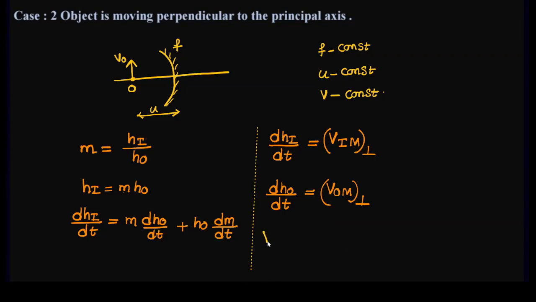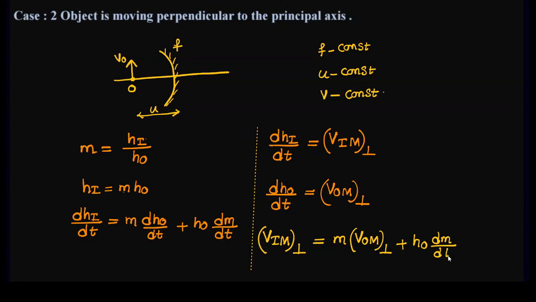Then we can write the velocity of image with respect to mirror in perpendicular direction equal to m into dh naught by dt, which is the velocity of object with respect to mirror in perpendicular direction, plus h naught into dm by dt.